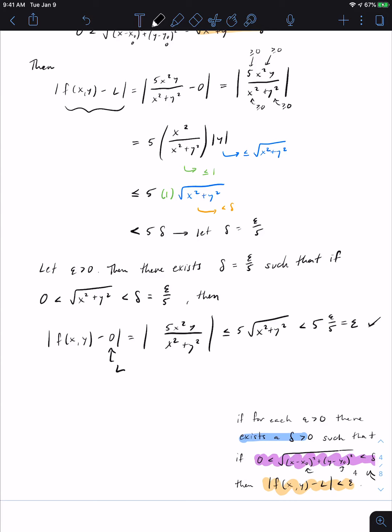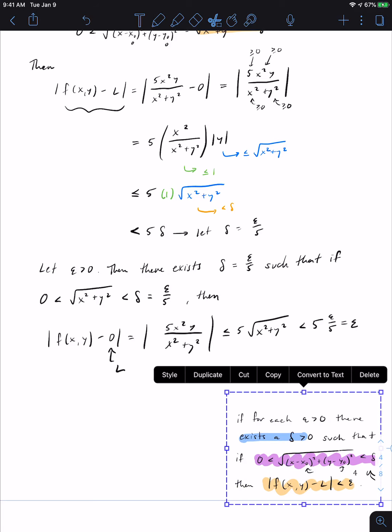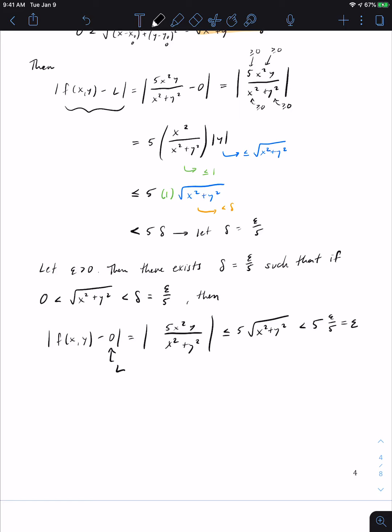So what did we just show? We just showed that the limit is equal to 0. Therefore, the limit from every direction, which we denote by the limit as (x, y) approaches (0, 0) of 5x squared y over x squared plus y squared, is in fact equal to 0.